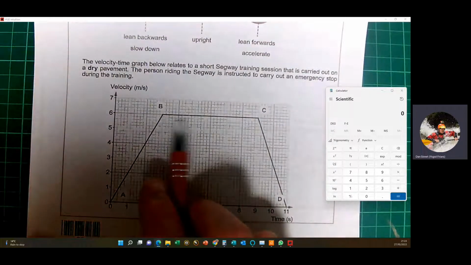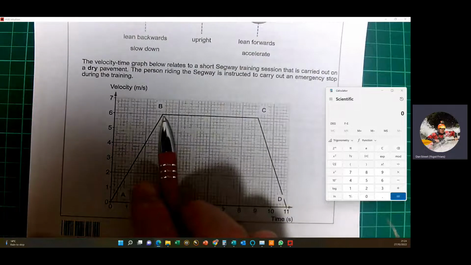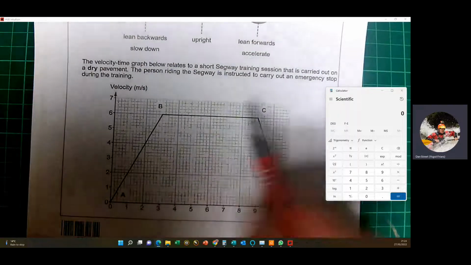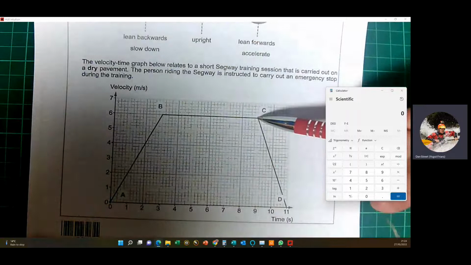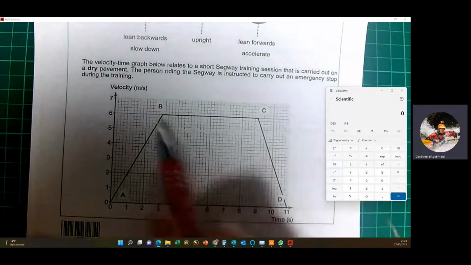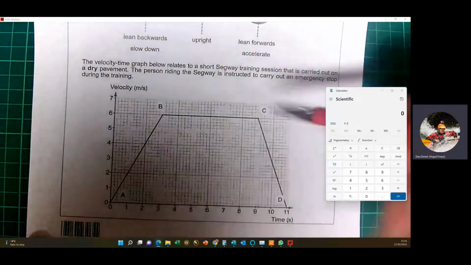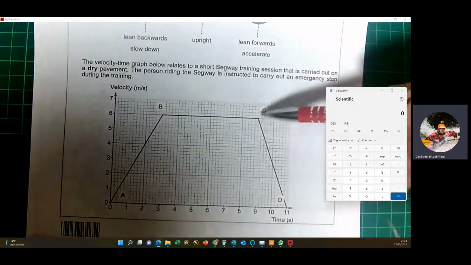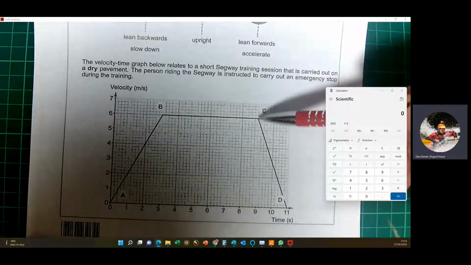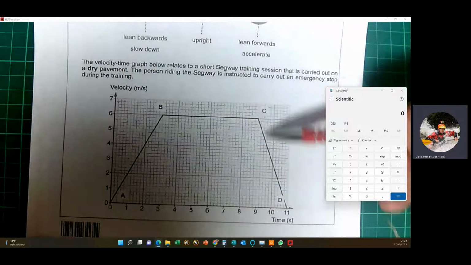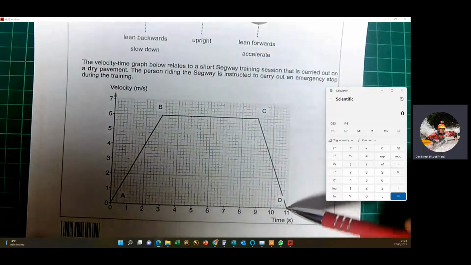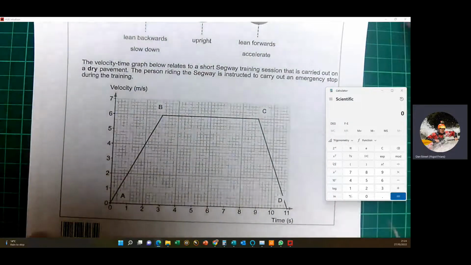It then travels at a constant velocity of 6 meters per second until 9 seconds. So that's a total time there of 6 seconds. At this point, or somewhere around here, they're told to stop. They stop the Segway and it comes to a halt after 11 seconds.